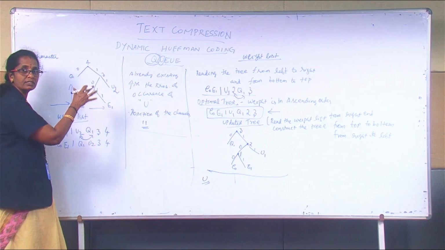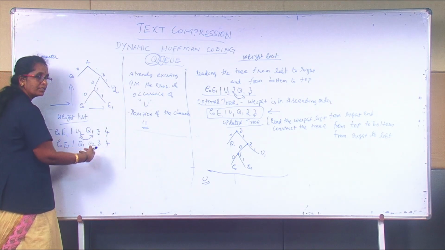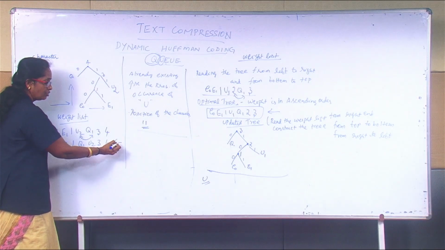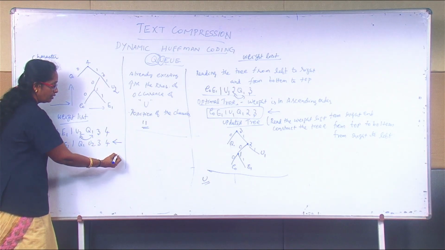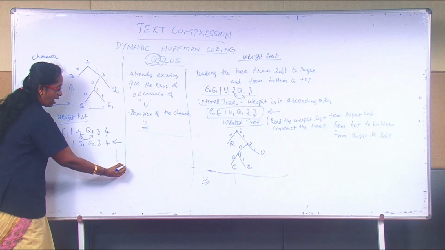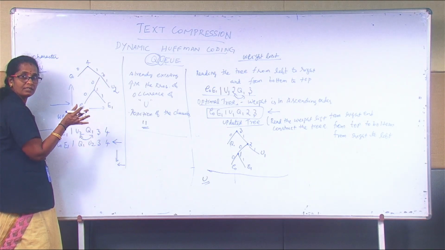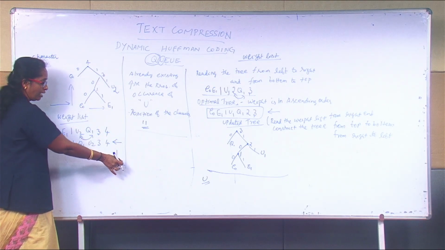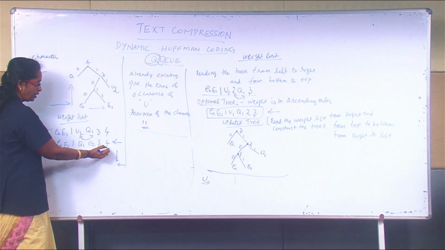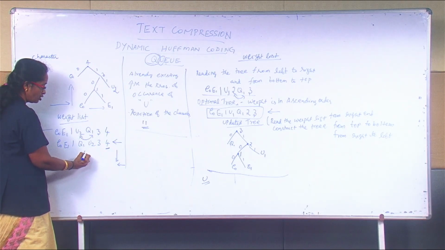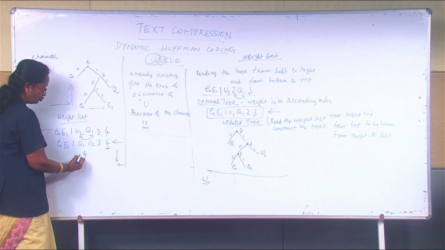Now, are you ready to construct the tree? Right. How will you construct the tree? Read the weight list from the right and construct the tree from top to bottom and from right to left. This is the formula. Therefore, what will my topmost node have? The weight is 4 and split it into 3.